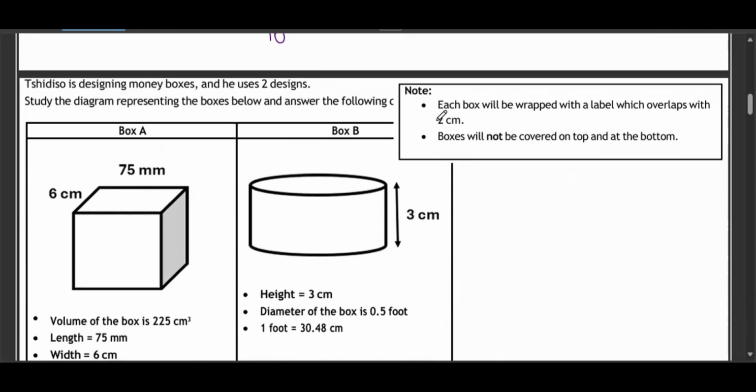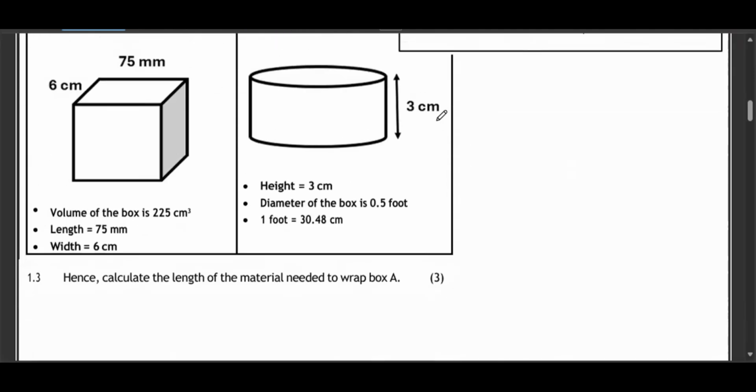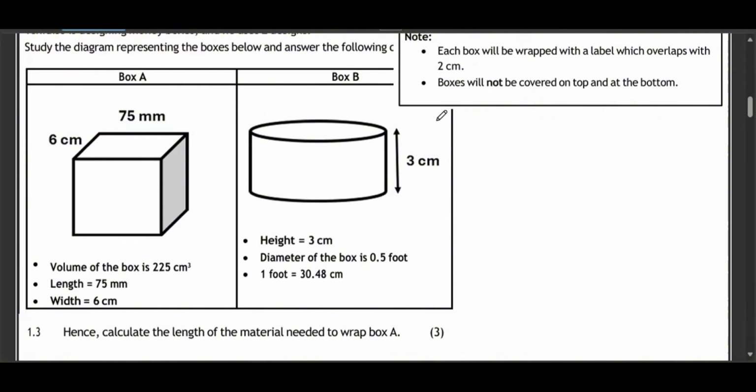1.3 comes from the calculations from 1.1 and 1.2. Hence, calculate the length of the material needed to wrap box A. We are calculating the length. In this way, we're looking at perimeter.